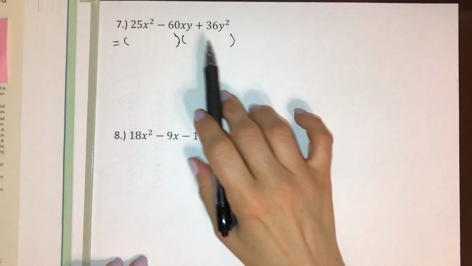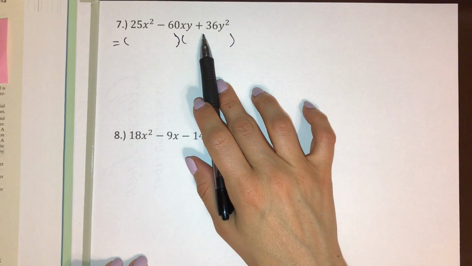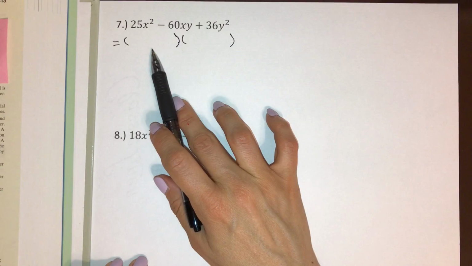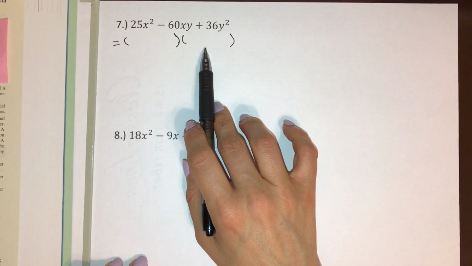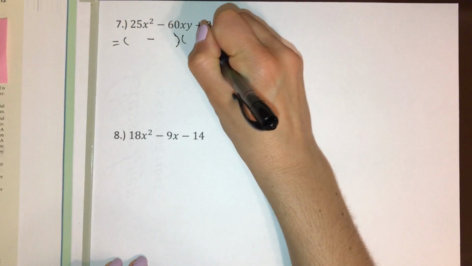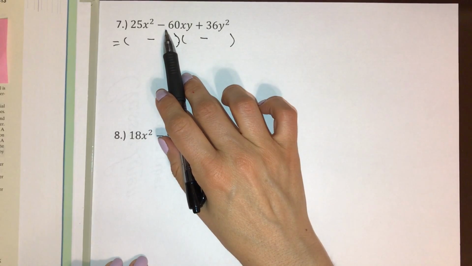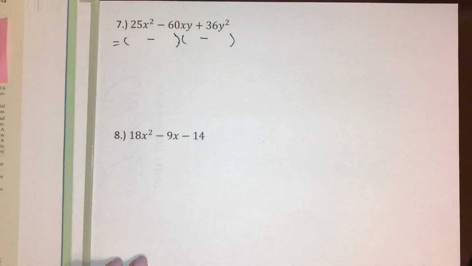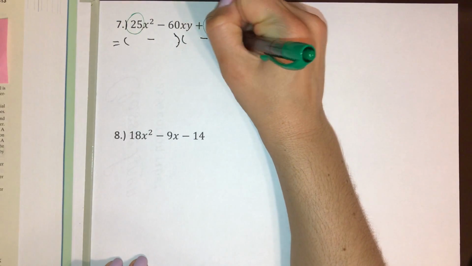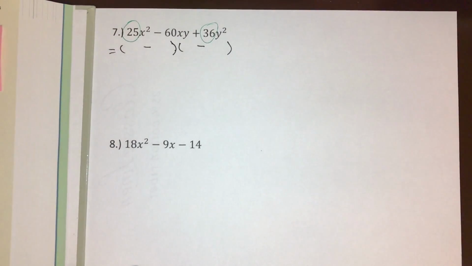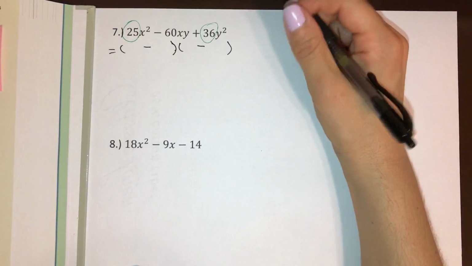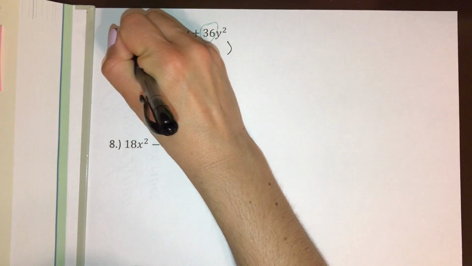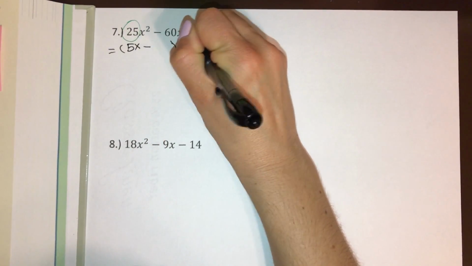And in this case, since the last term is positive, both signs should be the same. So both signs will be negative because the second term is negative. And then I need to look at factors of 25 and 36. So factors of 25, we can try 5x and 5x.